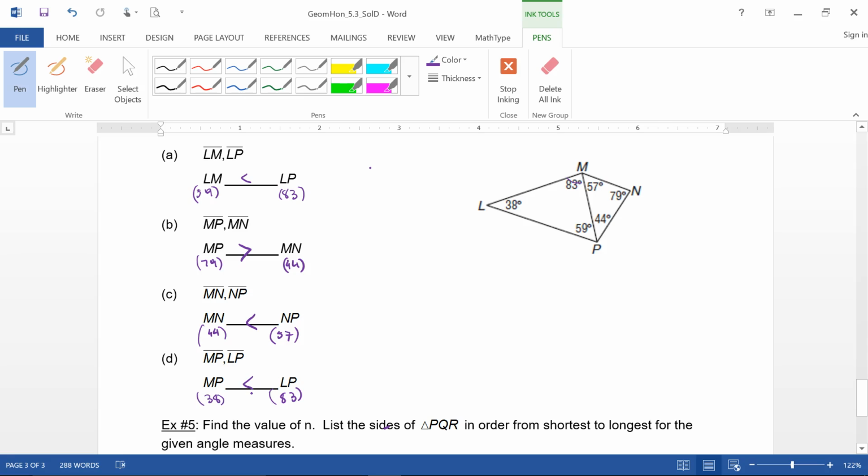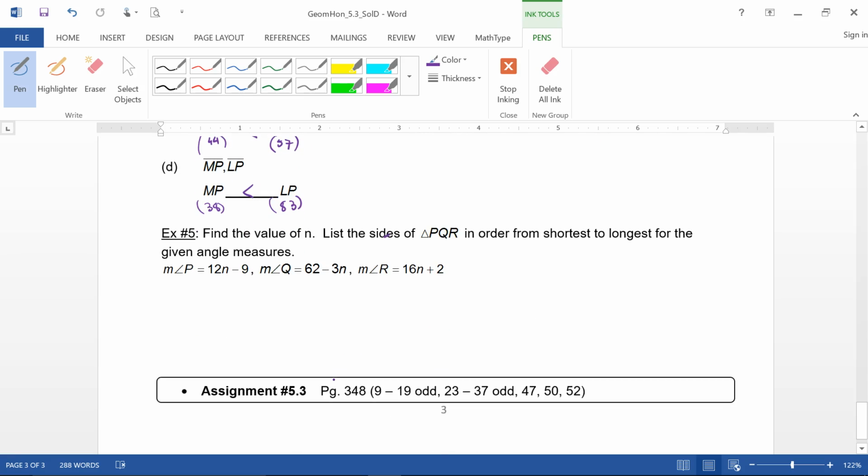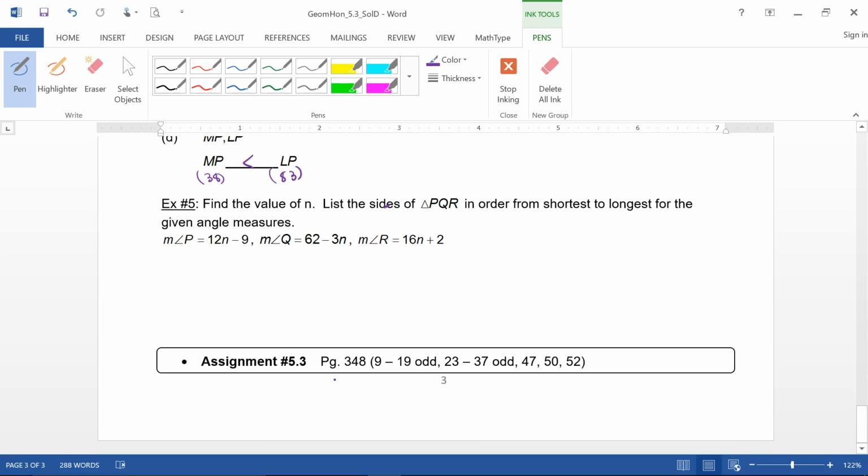Okay? All right, lastly, find the value of N. List the sides of triangle PQR from the shortest to the longest. So here we are. This is triangle PQR.